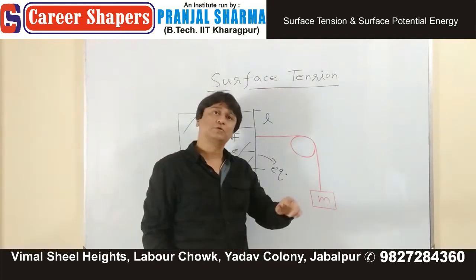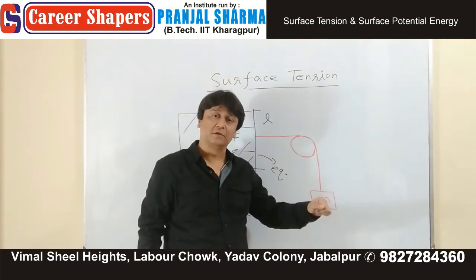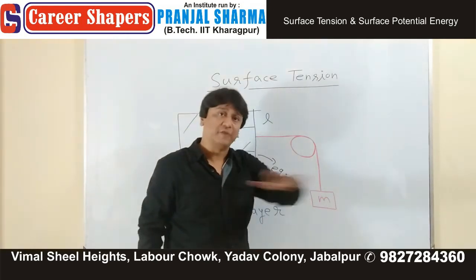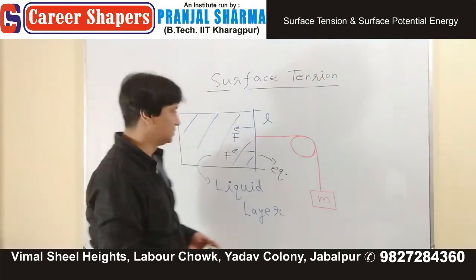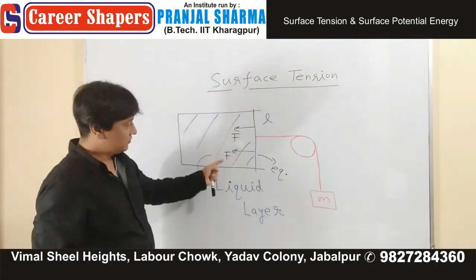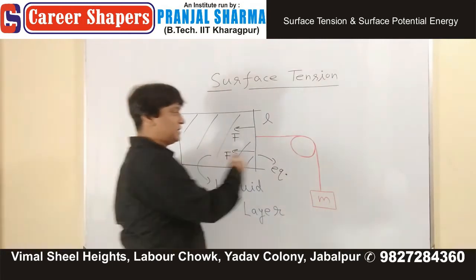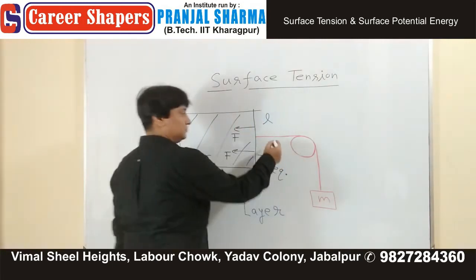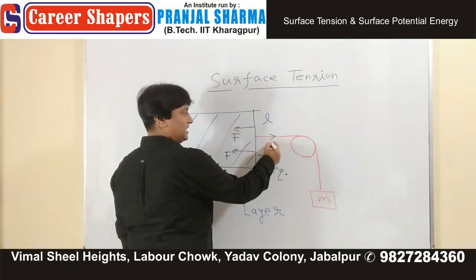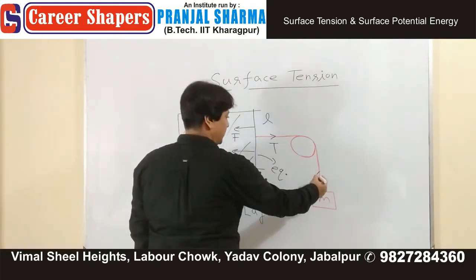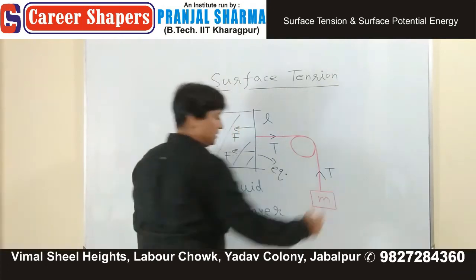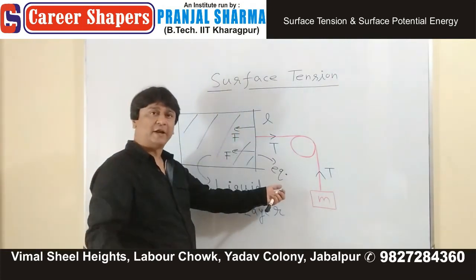And force per unit length for one surface is called surface tension. So this is F, this is F. Let's say from the bottom part, things are in equilibrium. Tension force T, tension force T. This is that tension which you study in laws of motion.